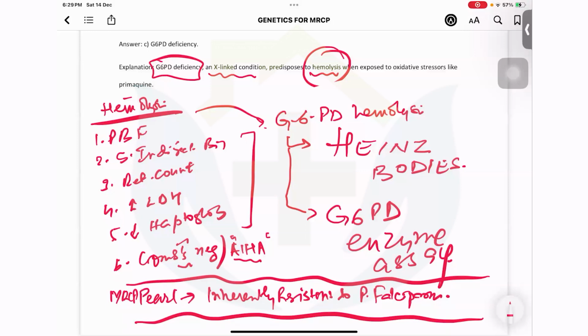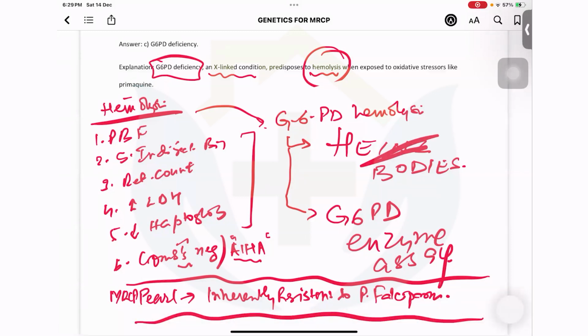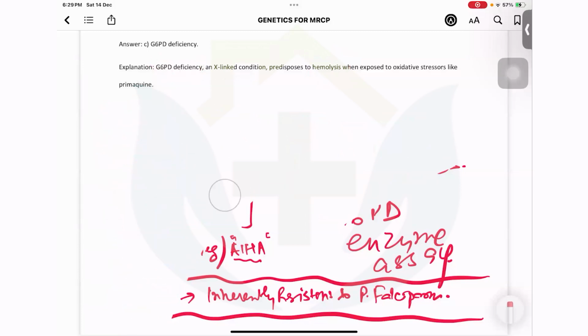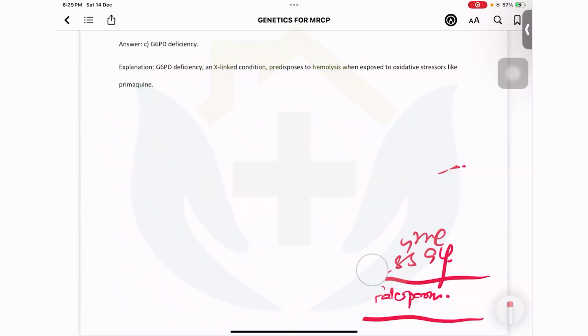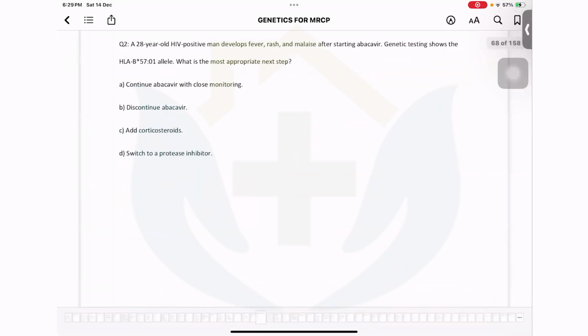Is that okay? So G6PD is an X-linked condition, and we need to remember this. It is a very important condition. Usually hematology forgets about it. It is only genetics which remembers it. All right.